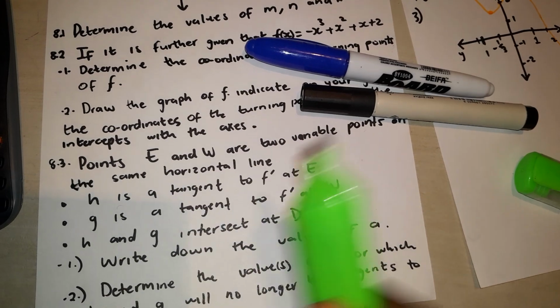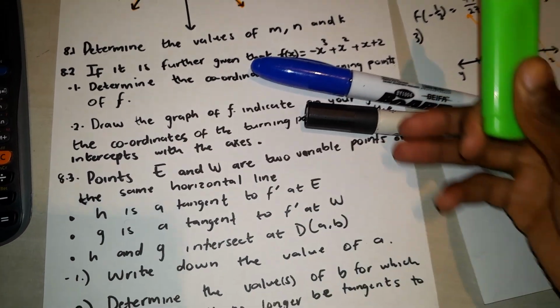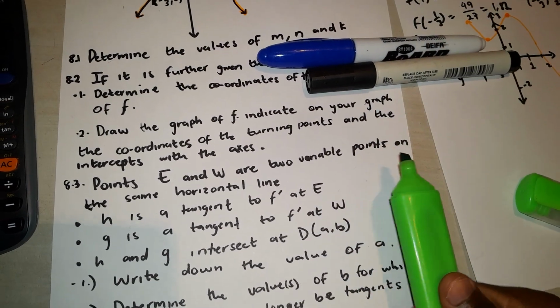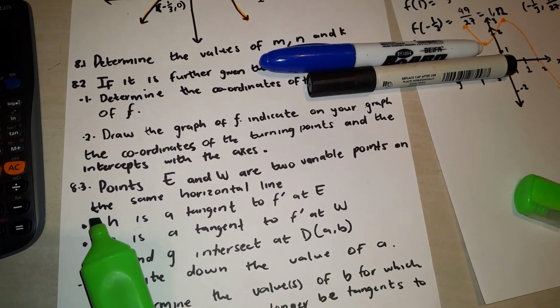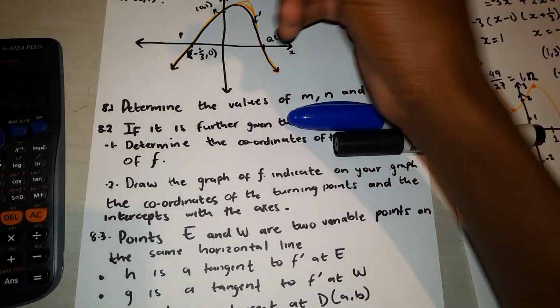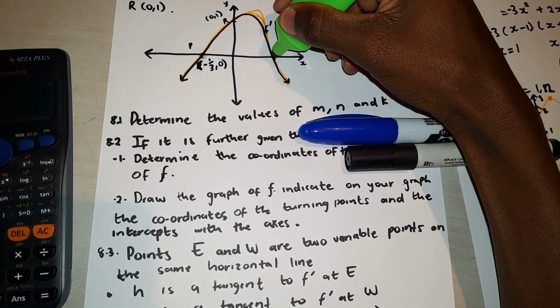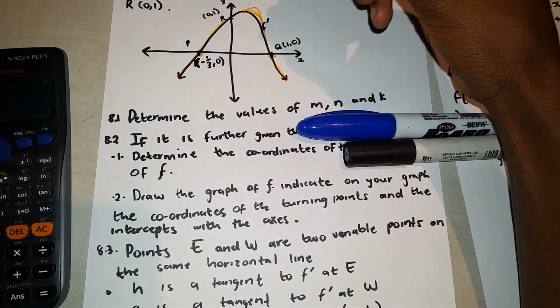It says E and W are two variable points on the same horizontal line. So remember this. You probably have done this, or maybe some of you forgot this.